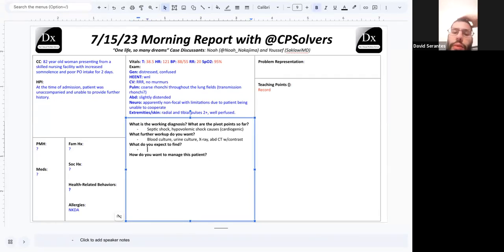And we have to look for other causes of distended abdomen, like intestinal obstruction. Maybe an abdominal X-ray could be done before the CT.